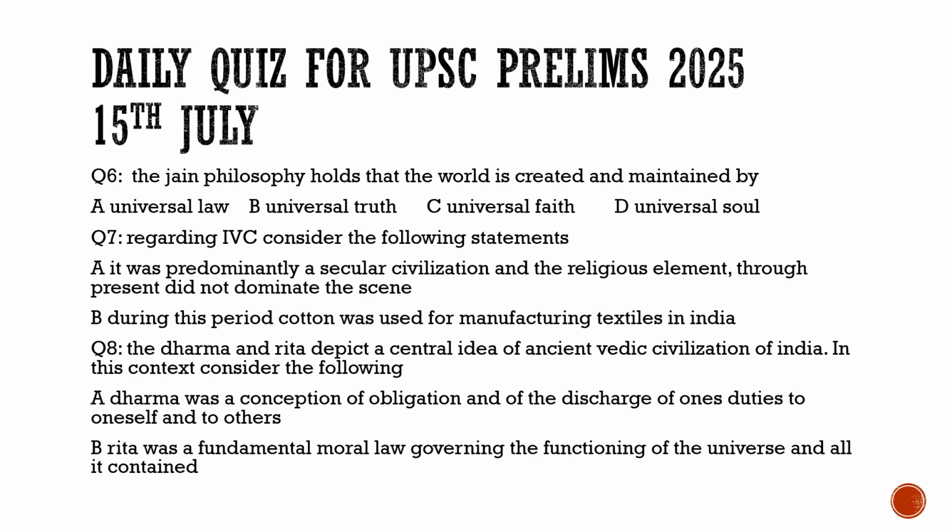B, during this period cotton was used for manufacturing textiles in India. Yes, we had seen many evidences of cotton cultivation, and we had seen the manufacturing of textiles also. So option B is also true. For question number 7, both the statements are true.